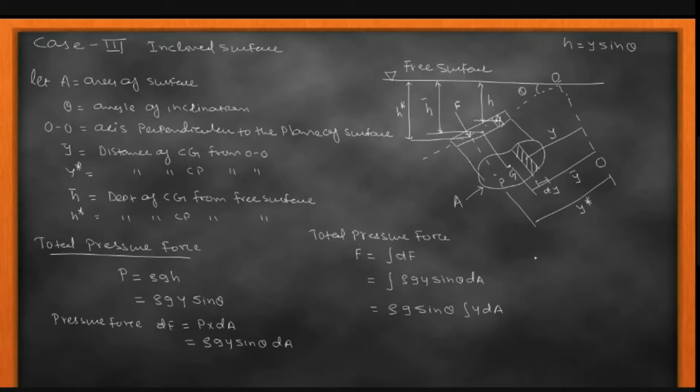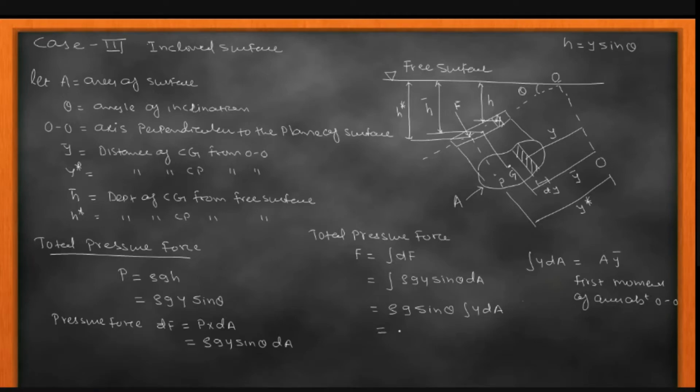So similarly, as we have used in the previous relation, the integral of h dA equals A into y cut, which is the first moment of area about the OO axis.